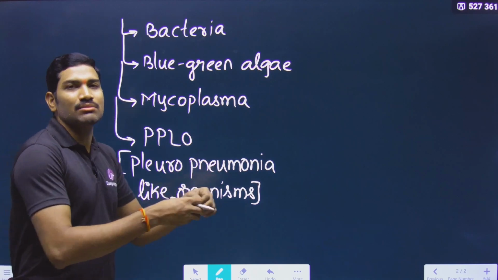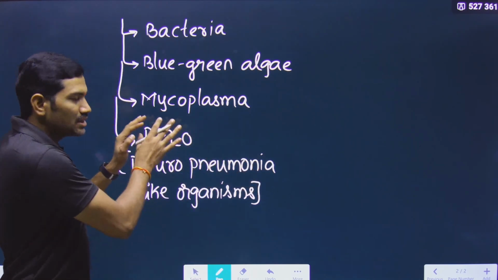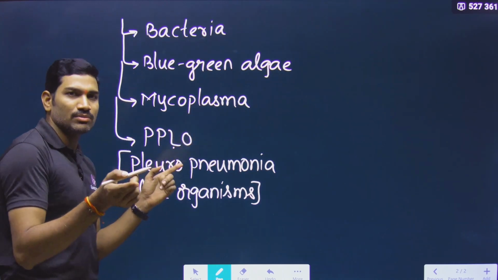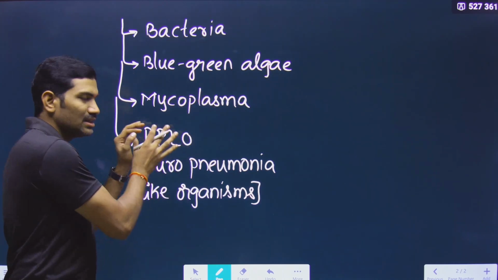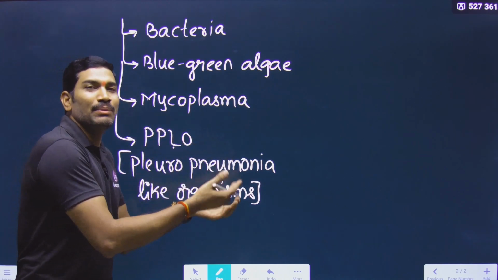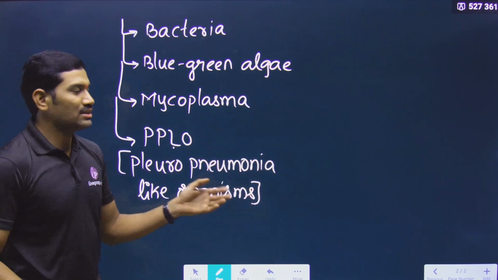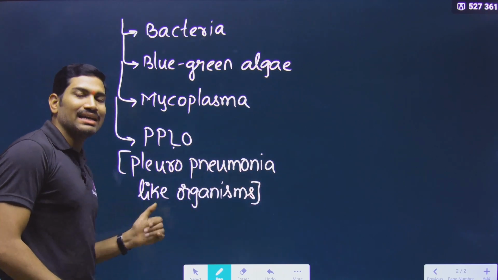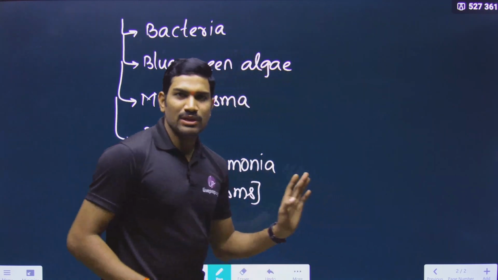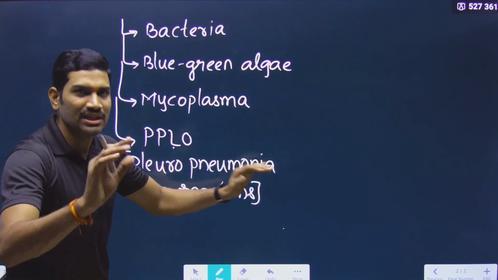So they are causing some infection to the lungs, that is called pneumonia. So these organisms, as I already told you, PPLO are nothing but mycoplasma, right? Within the mycoplasma, these are a specific group, and these PPLOs actually appear like the microbes that are causing pneumonia. That's why they are called pleuropneumonia like organisms. This is the name that they have given for this particular PPLO. Fine. And these are the 4 examples that they have mentioned in NCERT.